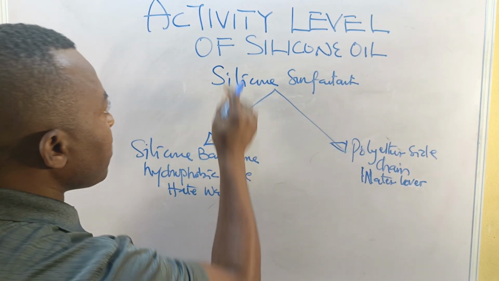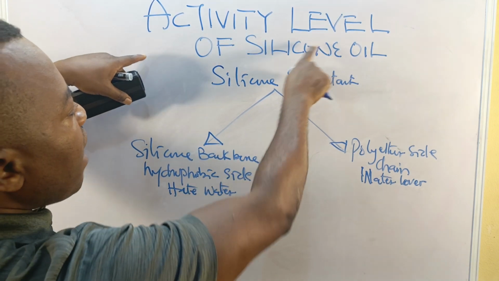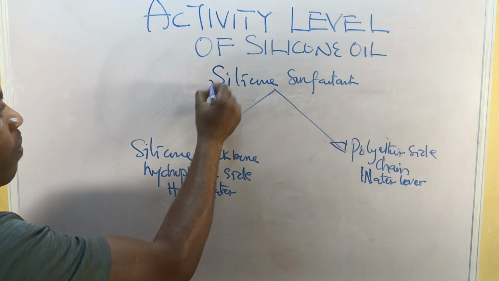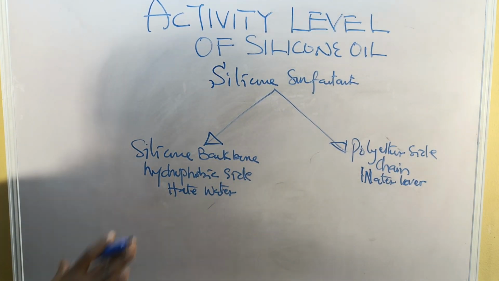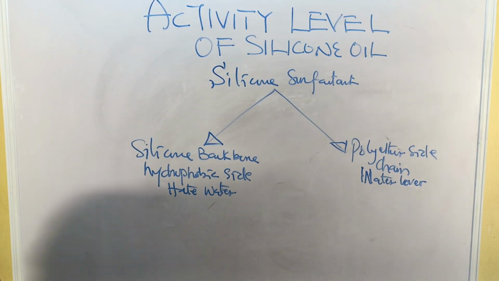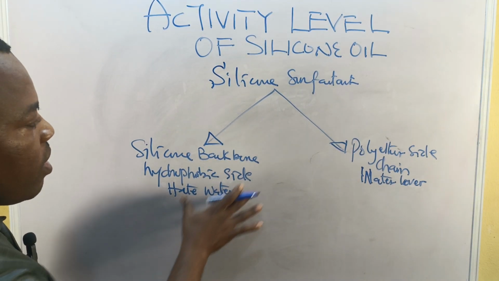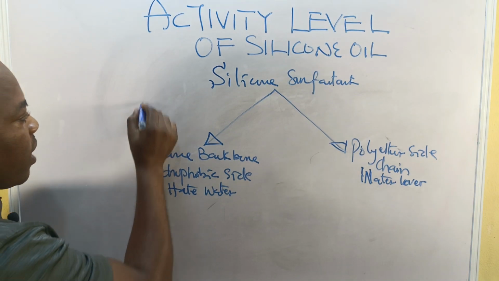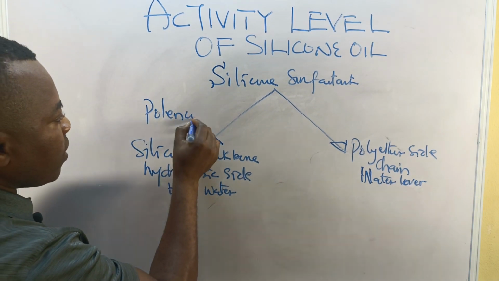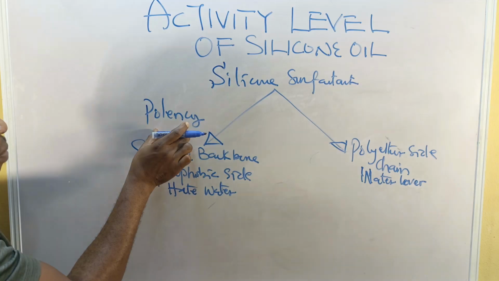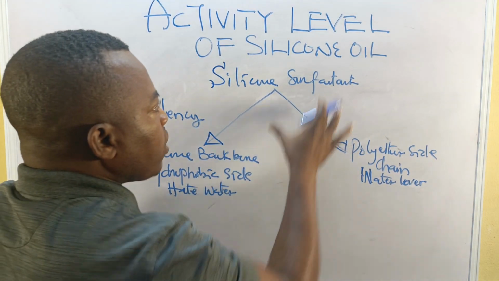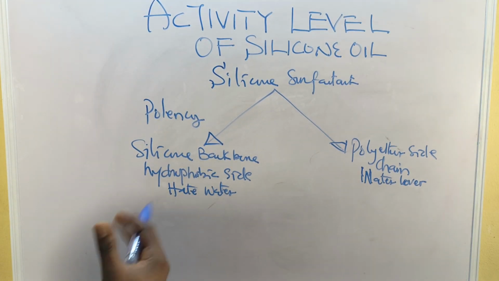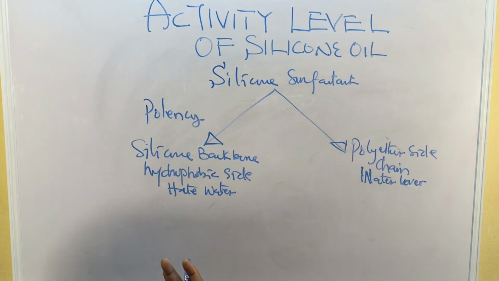Now this level of stabilizing ability is what we are going to use to explain. It means that the potency here and the potency here, the percentage of potency here and here, is what determines the stabilization power of silicone.